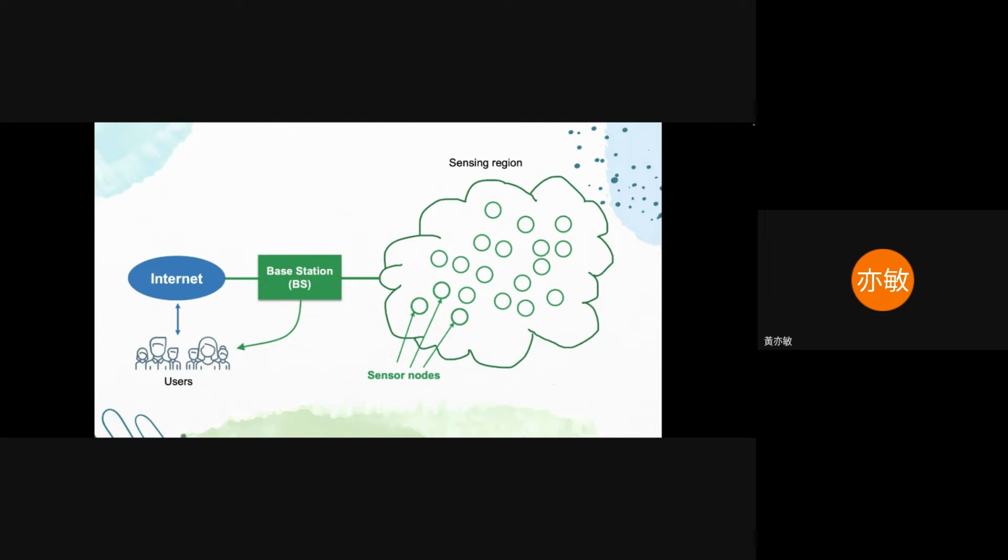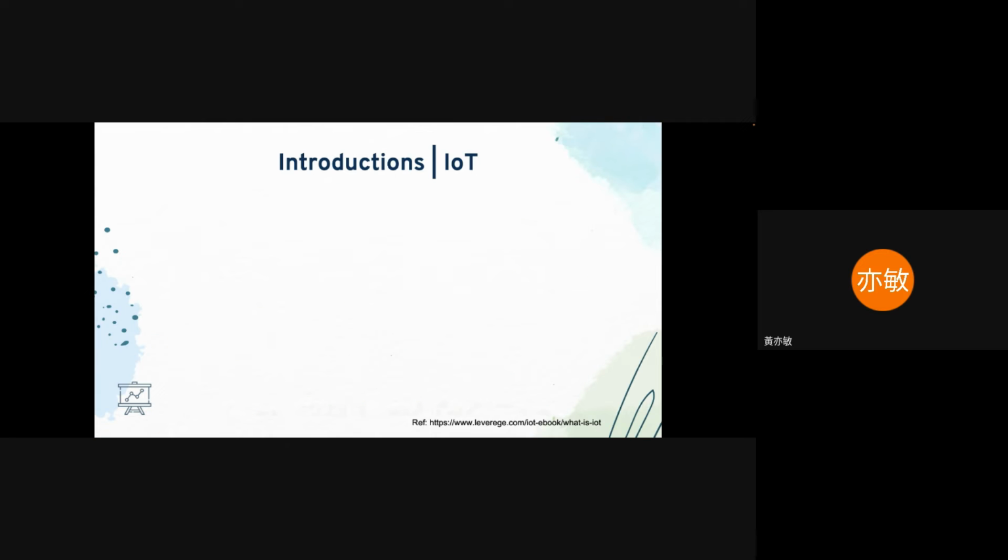From the base station, after collecting all the data, it will compact all the information together and send it to our users directly through the internet, or directly to you wirelessly. So this is a wireless sensor network. It's quite simple to understand.